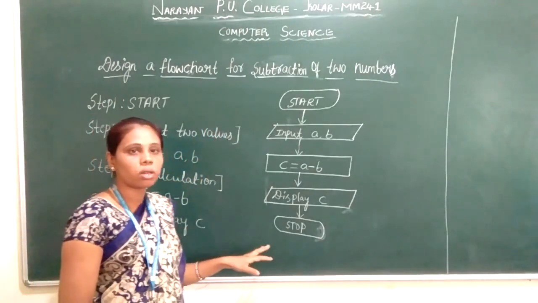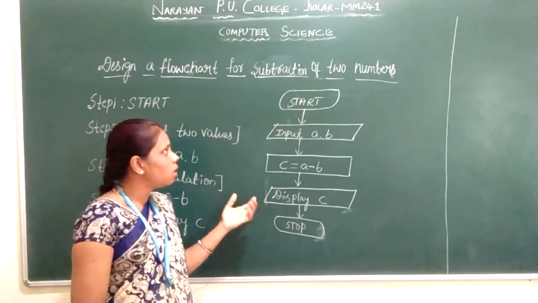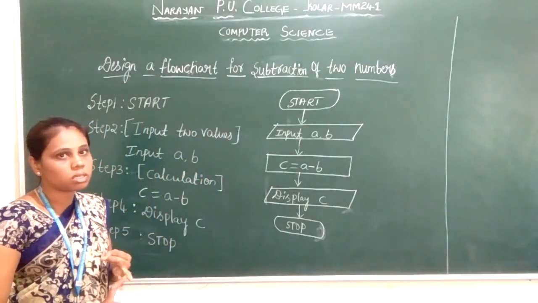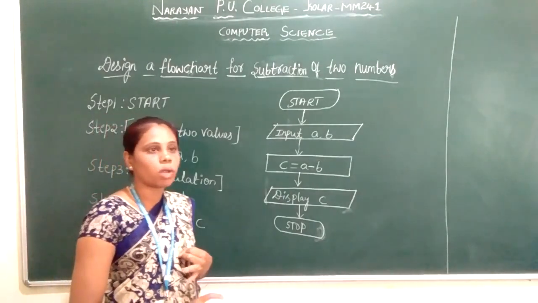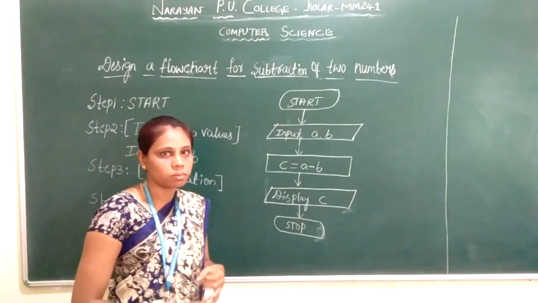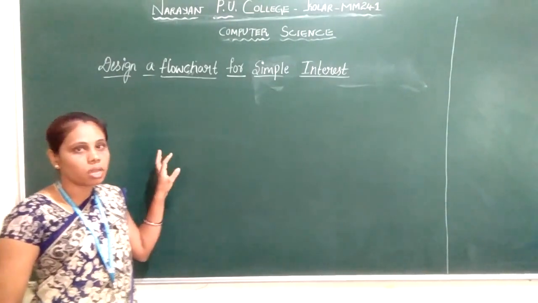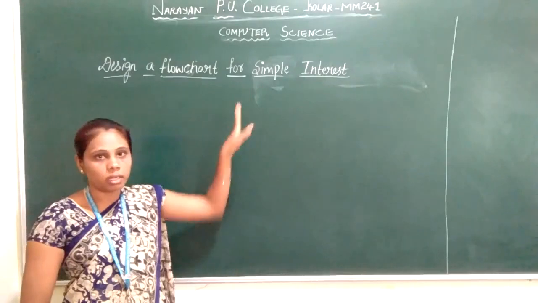Next we will see one more flowchart design. We have seen addition of two numbers, and the second one is subtraction of two numbers. Next we will see one more example flowchart, that is, design a flowchart for simple interest.